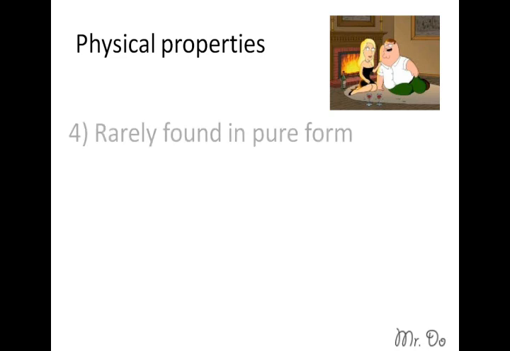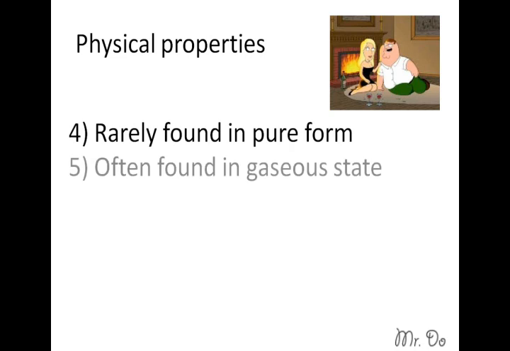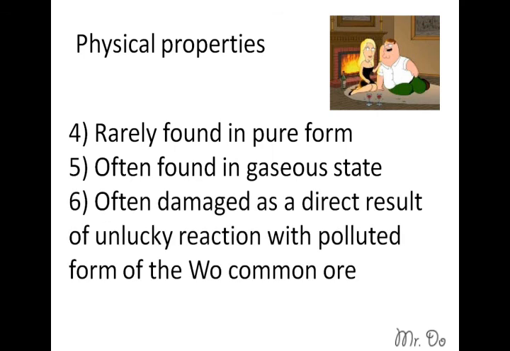Other physical properties: rarely found in pure form, often found in gaseous states, and often damaged as a direct result of unlucky reaction with polluted form of the WO common ore.